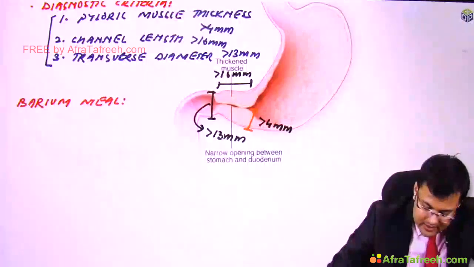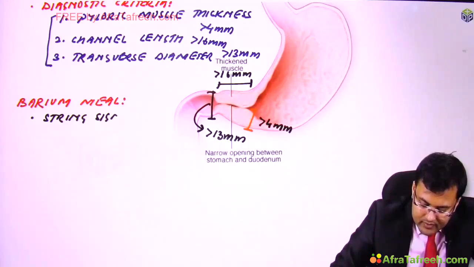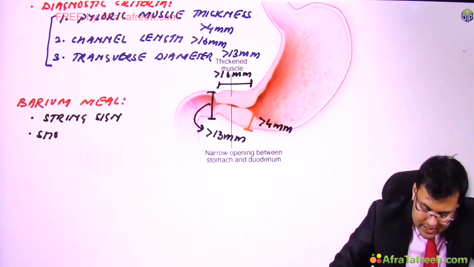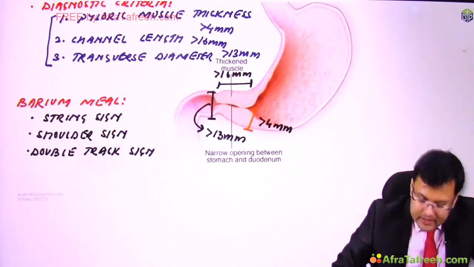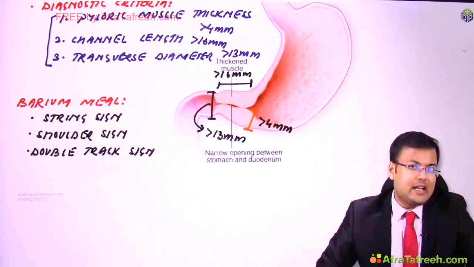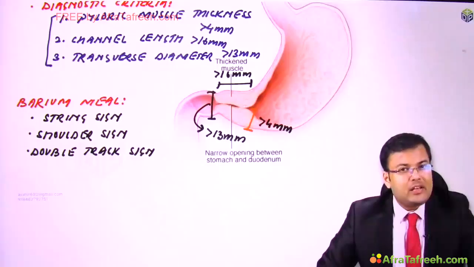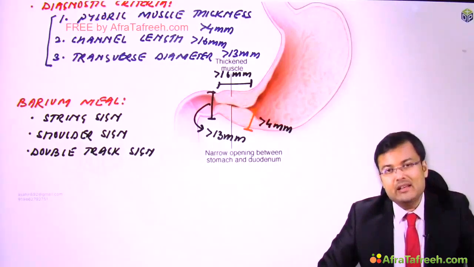On barium meal, there is string sign, shoulder sign, and double track sign. But generally diagnosis is made by ultrasound. Now comes the question, what kind of dyselectrolytemia occurs in infantile hypertrophic pyloric stenosis?